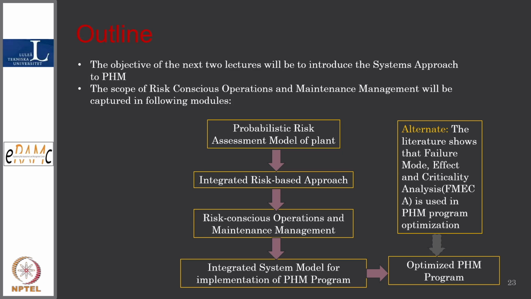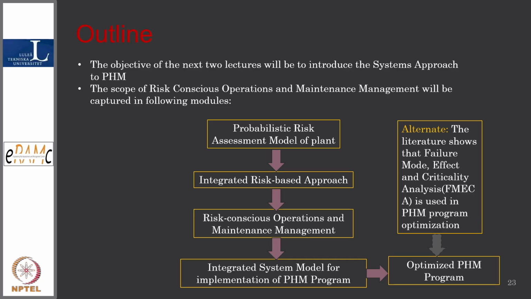Then the second level: these two together will give us the integrated risk based approach. Now, what is the integrated risk based approach? In safety assessment, there are two methods of risk assessment. One is the deterministic, traditional approach, where we design the system for a purpose, and then using factor of safety, redundancy, diversity, and a quality assurance program, we say that this system is sufficient and the chances of its failure are negligible.